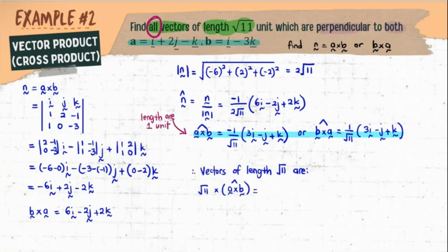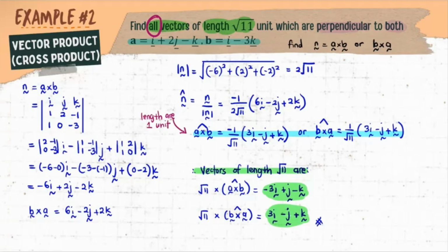So kita akan dapat negative 3i plus j minus k, dan square root of 11 if you cross with B cross, darab dengan B cross A hat, kita akan dapat 3i minus j plus k. So there will be 2 answers here. So this will be our final answer.